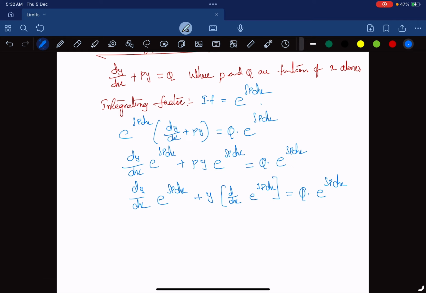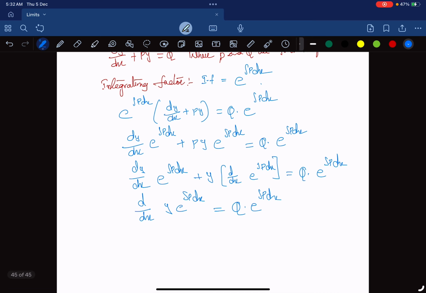From this we can write d by dx of y e power integral of p dx is equal to q into e power integral of p dx.